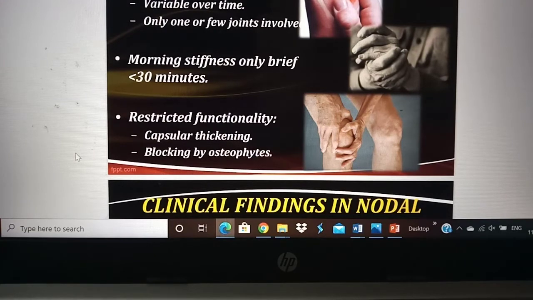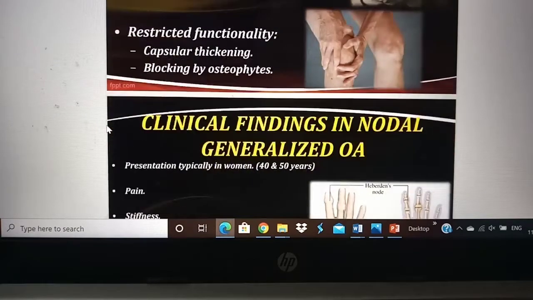Also, the remaining part of the articular capsule can become inflamed or thickened, and osteophytes, or new bone formation on the joint surfaces, can block the movement. So the person will not be able to have full range of movement in the affected joint.